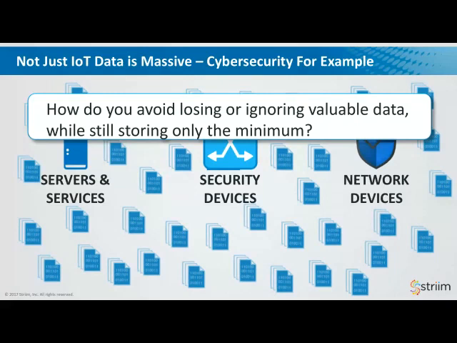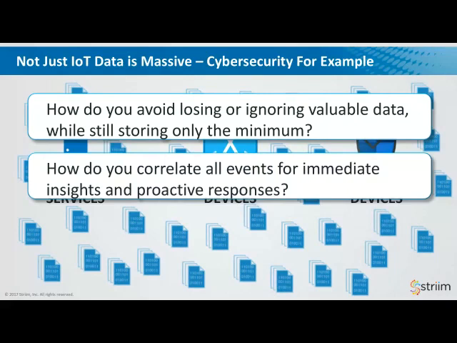You're storing the information. And how do you also, at the same time, correlate events so that you can do immediate responses, so that you can react instantly, right? So with that temperature scenario, if the temperature suddenly, over a period of less than a minute, increased to 200 degrees, then there's a good chance the room's on fire. So you can react immediately to that.